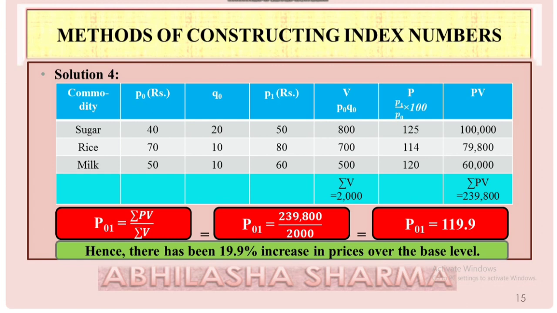Now we will multiply price relatives by value weights and we will get PV. Now we will find the summation of PV, which is 2,39,800, and substitute the values in the prescribed formula. Finally, we will get price index 119.9. Here we conclude that there has been 19.9% increase in prices over the base level.